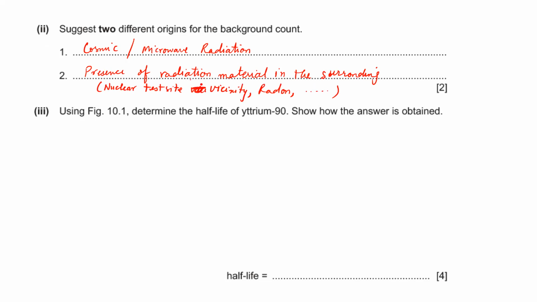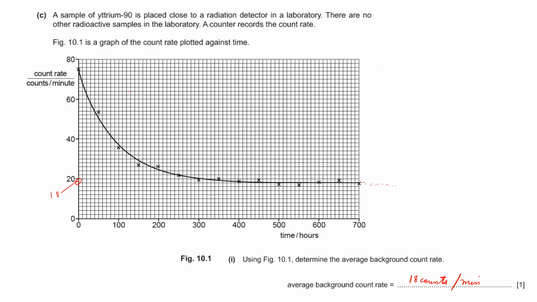Part 3 says using 10.1 determine the half-life of yttrium. So determining the half-life of yttrium, initially we determine two count rates. We call it N naught. Initially N naught, if we were going to measure, is 75 counts per minute, and half would be around 37.5.